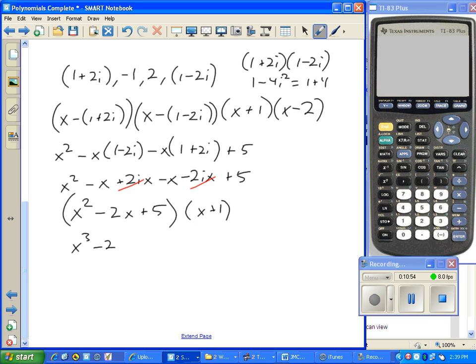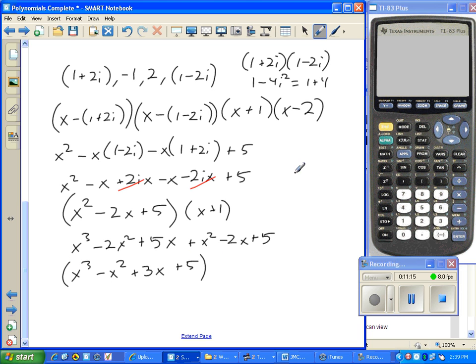x cubed minus 2x squared plus 5x plus x squared minus 2x plus 5. Combine like terms. So that's minus x squared. This would be plus 3x plus 5.